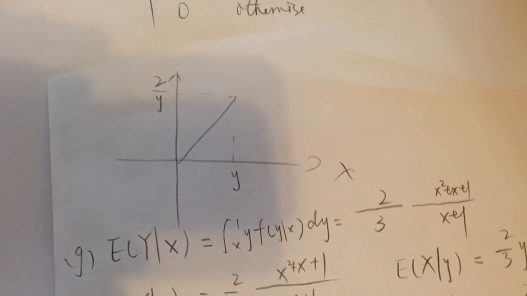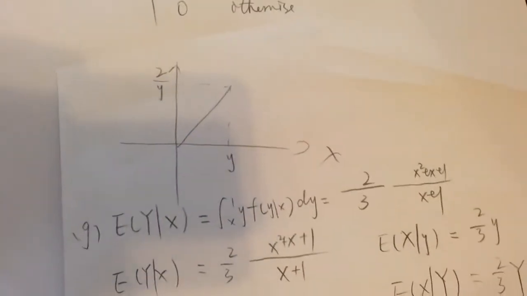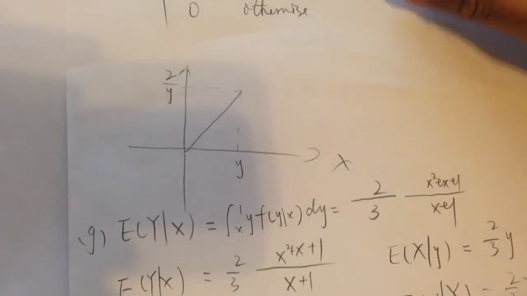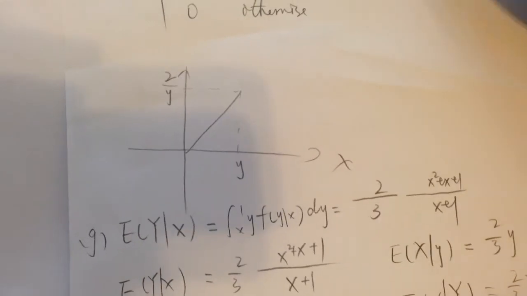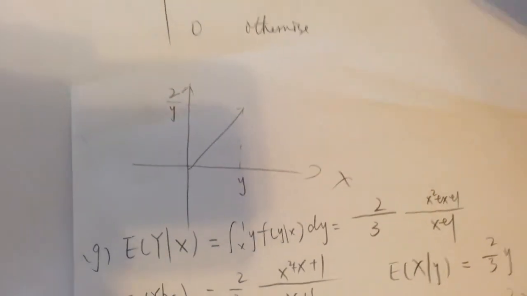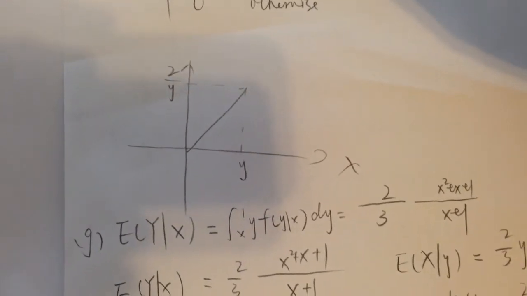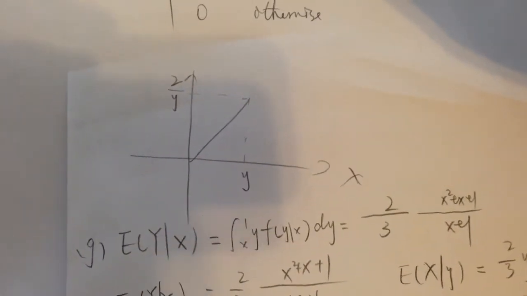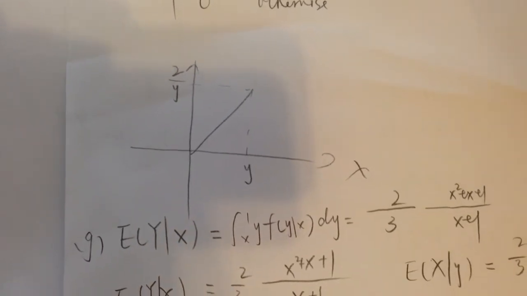And then we look at the final question, the last one. Find the expectation of Y given X. According to the last question, we already know the form of f_{Y|X}.